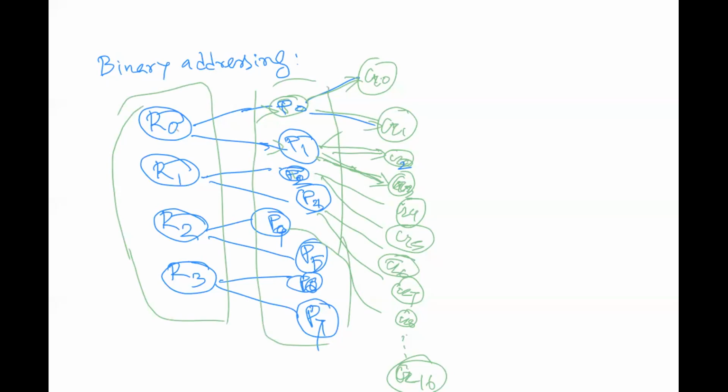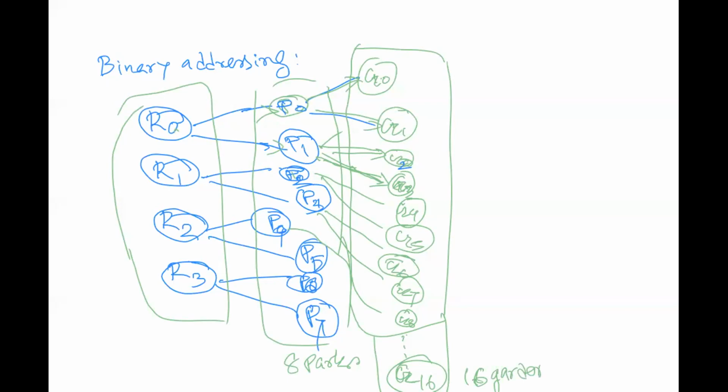Each road contains 2 parks, so 4 roads contain a total of 8 parks. And in total, 16 gardens will be there.